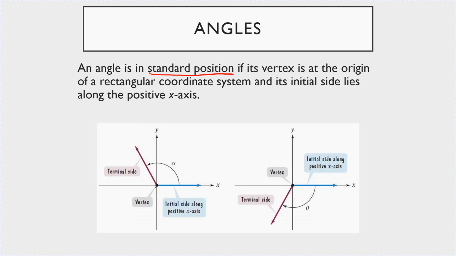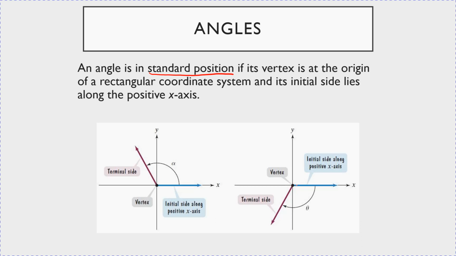So the angle is centered at the origin of the Cartesian plane, and its initial side lies along the positive x-axis. So we have our initial side here, and then our angle, in this case angle alpha, will go all the way to this terminal ray here.